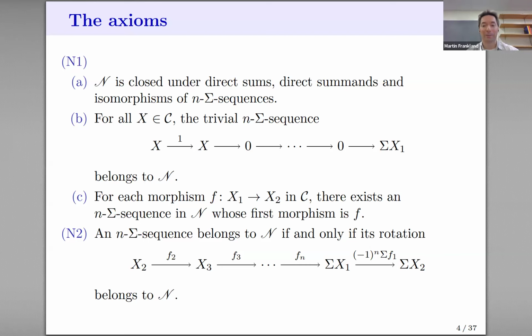If you're used to triangulated categories, you're used to seeing the minus sign once you rotate a triangle. For an n-angle, there's a sign. So for a four-angulated category, you just see the suspension of F1. It depends on the parity of n.